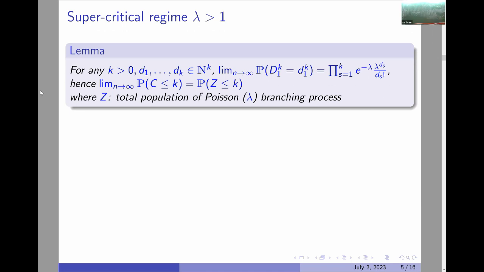Okay, so what you get from that is that the neighborhood of a node in an Erdős-Rényi random graph, if you don't go too far away from that vertex, looks like a branching process with a Poisson offspring distribution of parameter lambda. So that's one ingredient that is quite important.